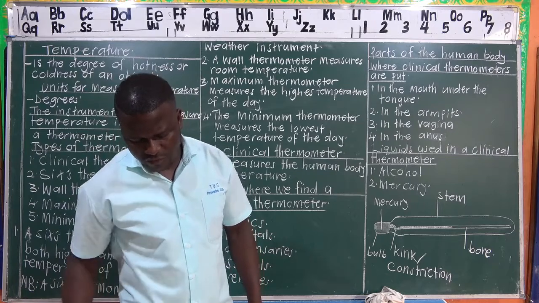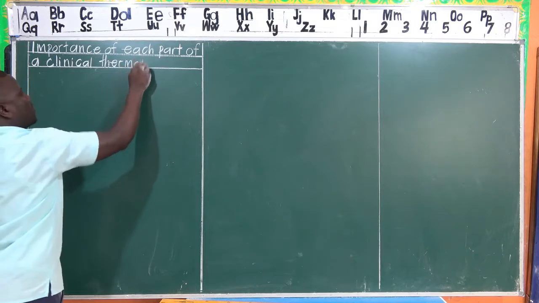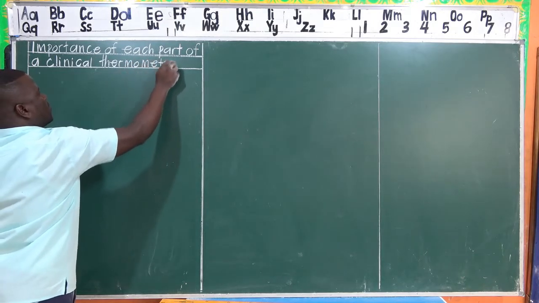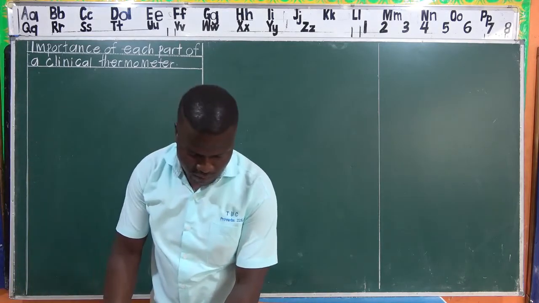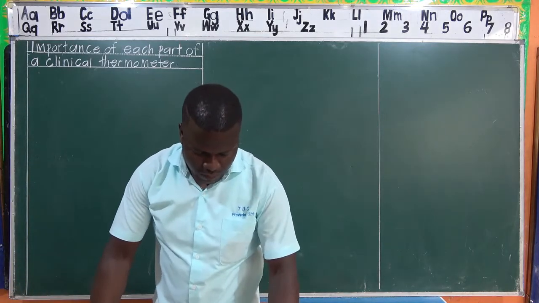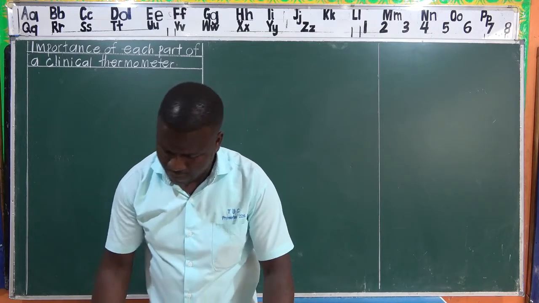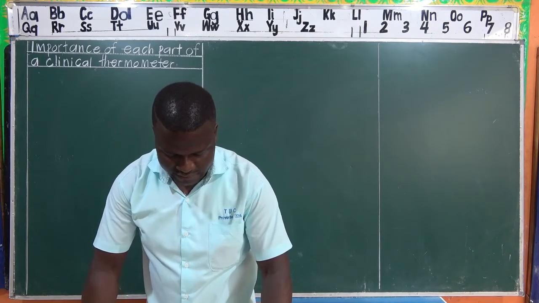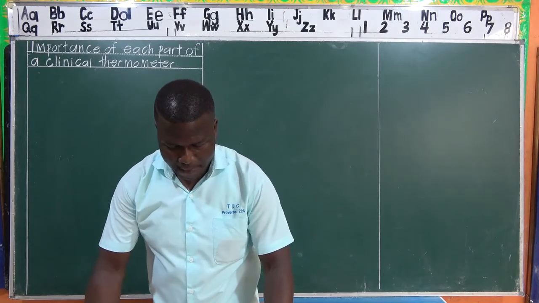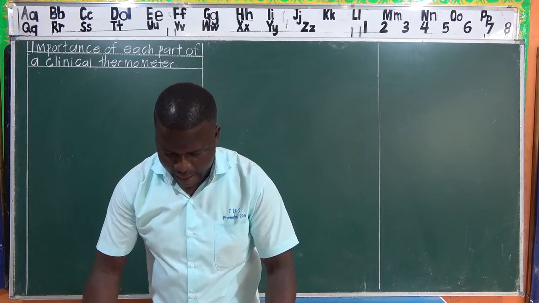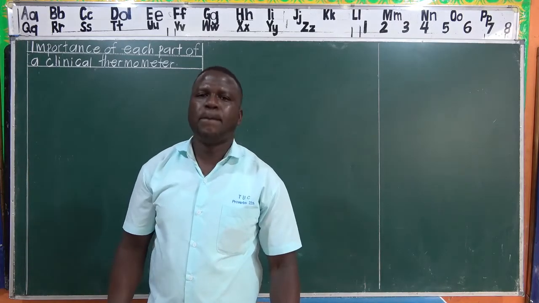So we look at the importance of each part of a clinical thermometer. A clinical thermometer has the bulb, a kink, a bore, and a stem. Now, we begin with the stem. How is the stem important?